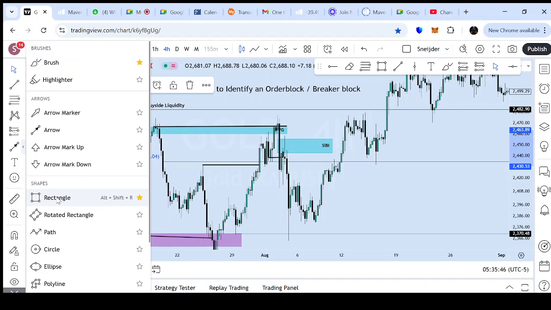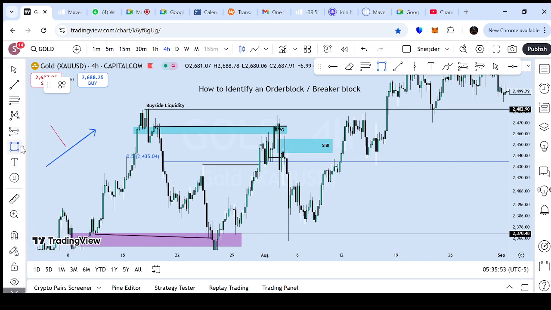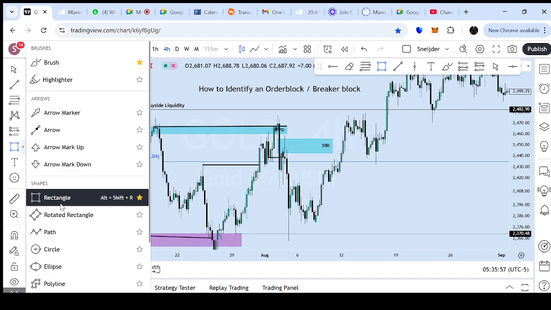Here comes the rectangle. This is where you see the rectangle at this level. You click on that small arrow there, it will pop out the rectangle. So you click on it, you can make it your favorite. It will come at the top of your screen here. Once you click on that yellow star, you have made it, you see it, it's now favorite.